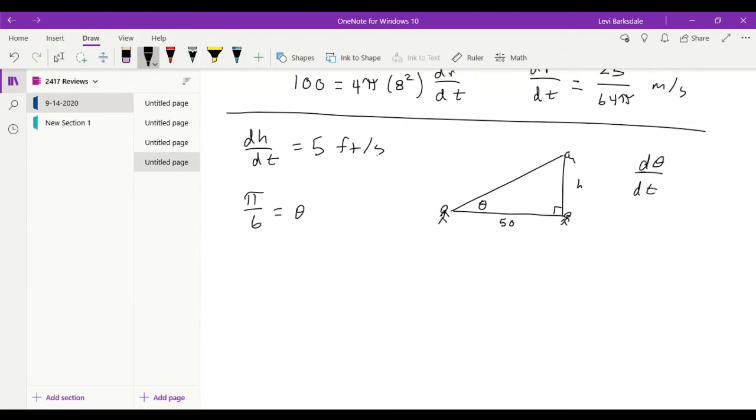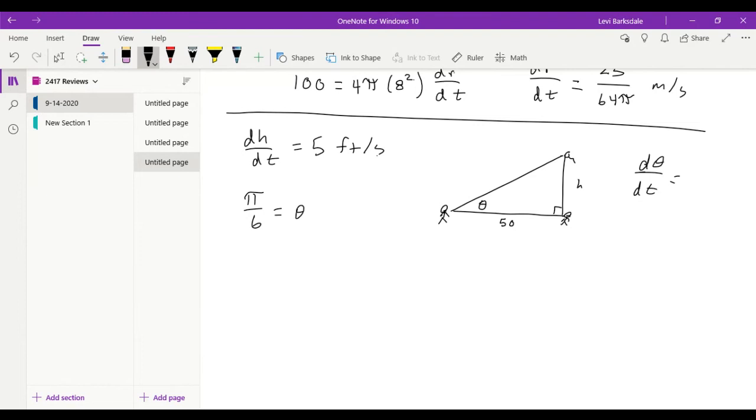So first, what we need to do is identify what we're looking for. In this case, it was given. We're looking for the change of theta with respect to t. We also need to write an equation relating what we're given to what we have. So in this case, we have dh over dt, and we have theta. So we want to write an equation relating h and theta, and we can do that using trig.